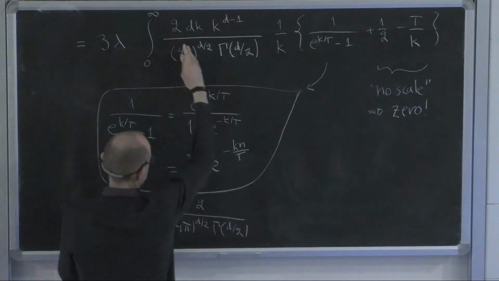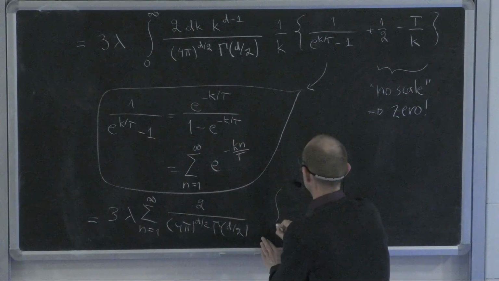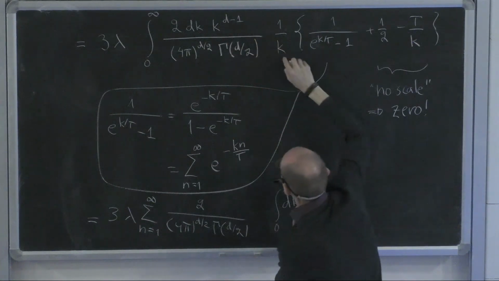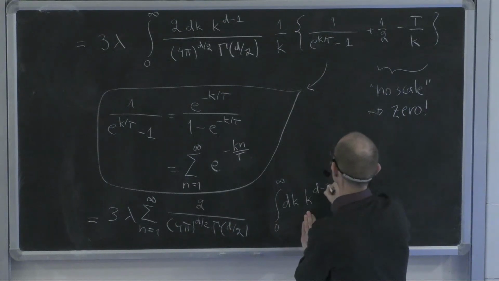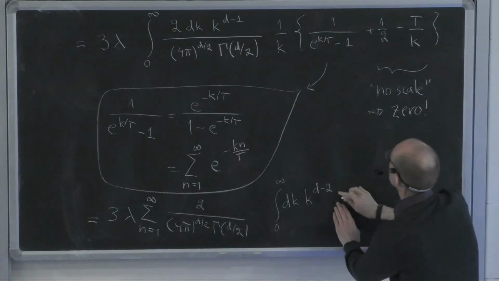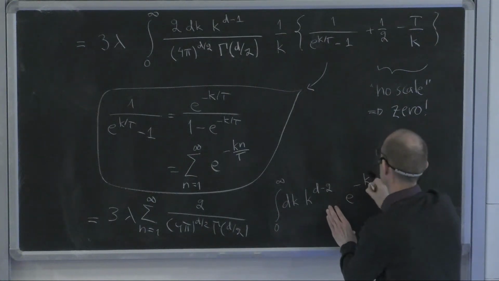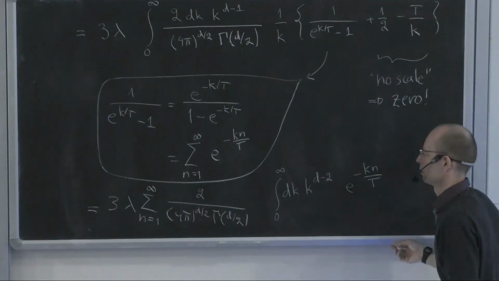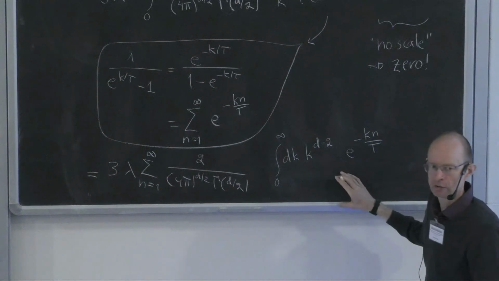These trivial factors, and then I have the integral dk, and now there's a division by 1 additional k here, so it's k to d minus 2. And then there are these factors e to minus k n over temperature. So this should now look kind of familiar.